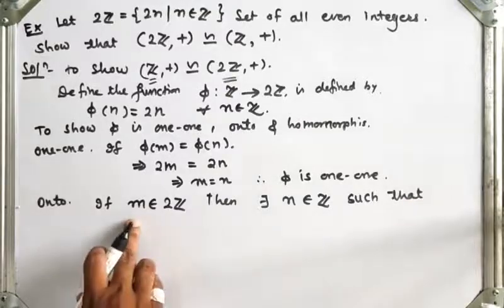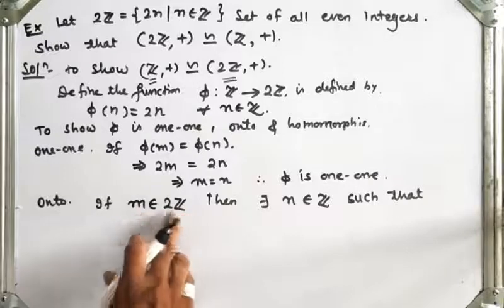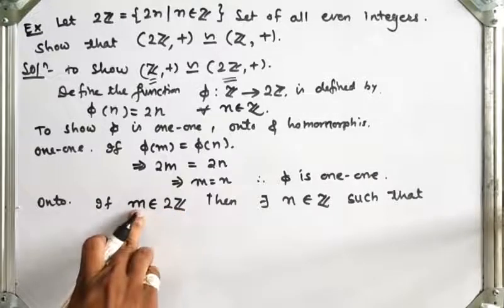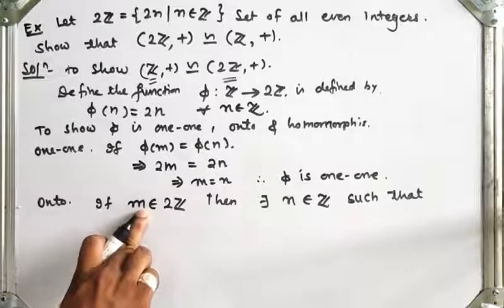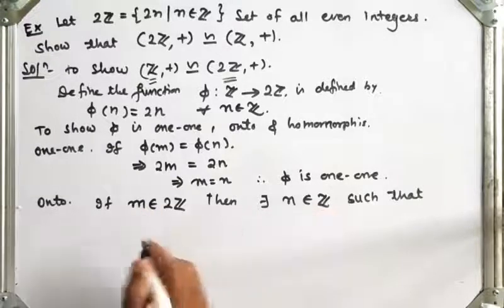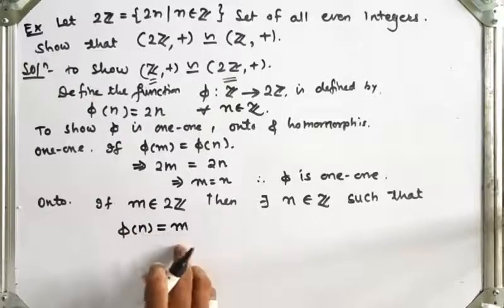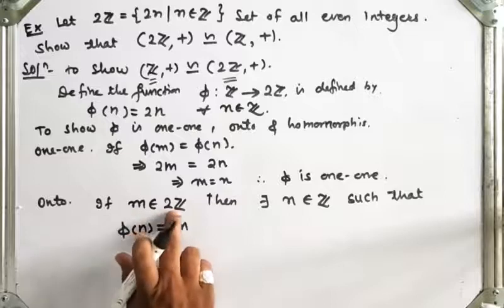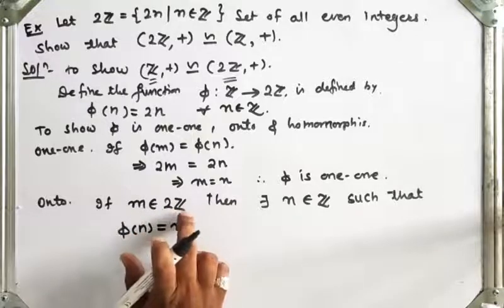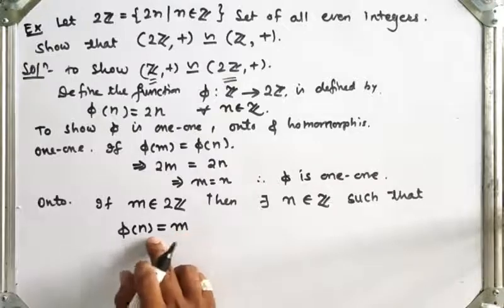Here what we have taken, m belongs to twice Z. M belongs to twice Z means what? Every element m is an even integer, and n belongs to the set of integers such that phi of n is equal to m.